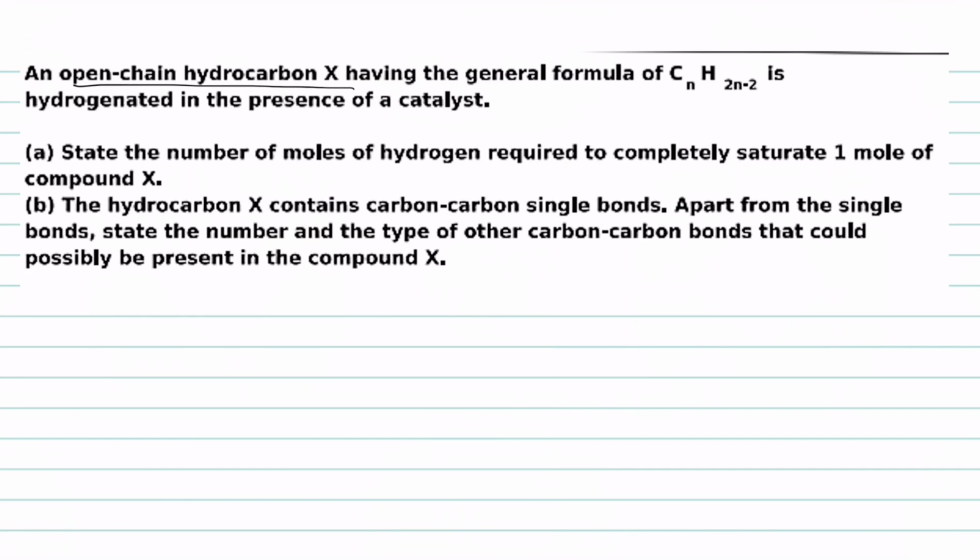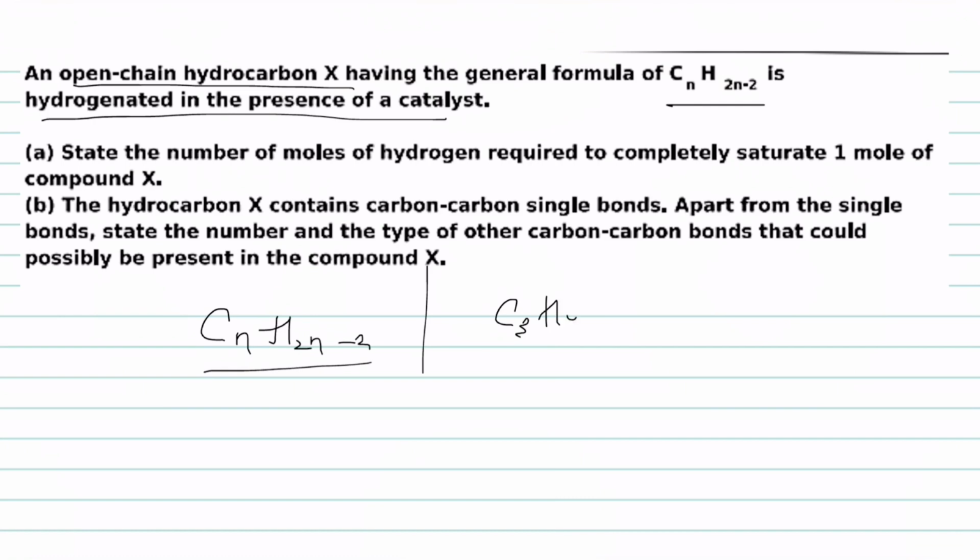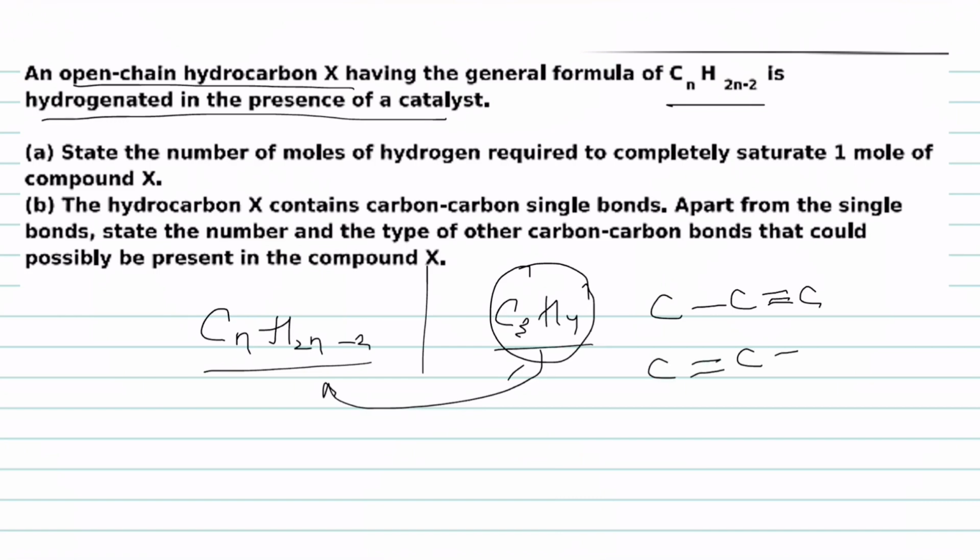An open chain hydrocarbon X having the formula CnH2n-2 is hydrogenated in the presence of a catalyst. So this X, CnH2n-2, if you remember, we have done a question like this. It was C3H4 in that question. It fits this formula, and this structure had two isomers, one with a triple bond and the other with two double bonds.